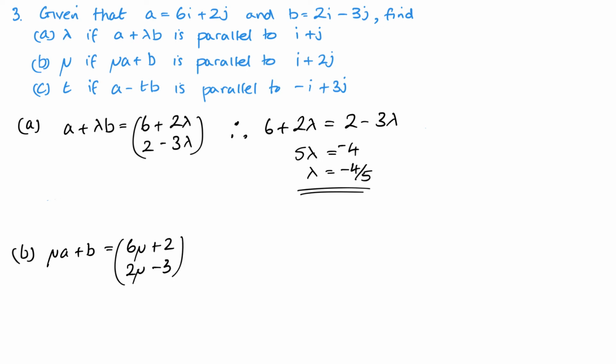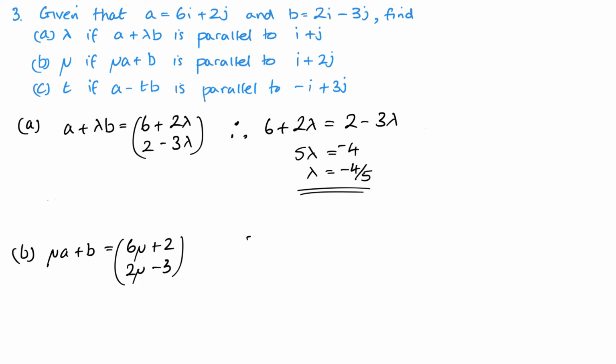Now with this one, you can see it's equal to i plus 2j. We can see that the j value's got to be twice the size of the i value. So if I want to make them equal so that I can solve, I actually have to times the i one by 2 and then make it equal to the j one.